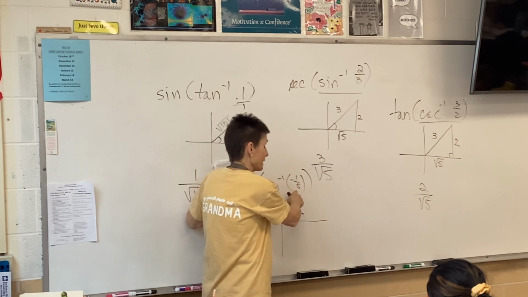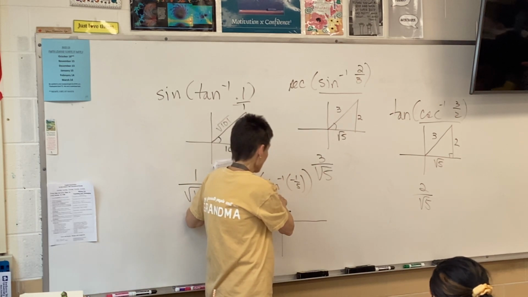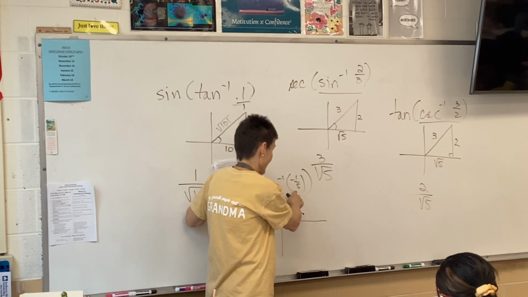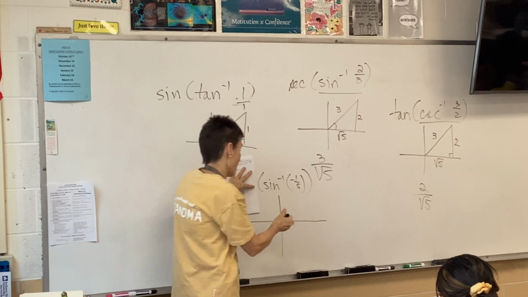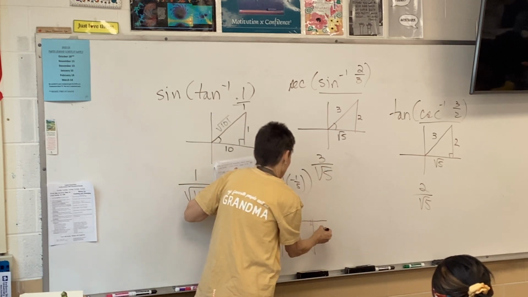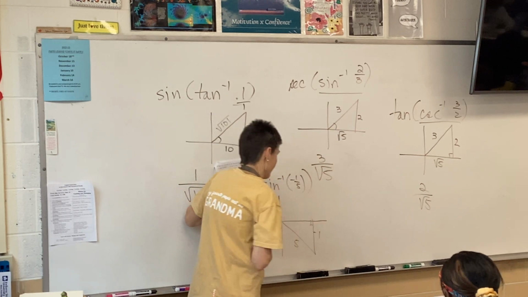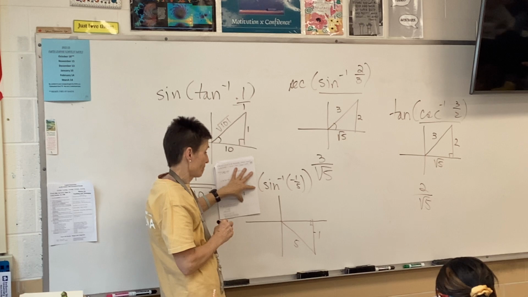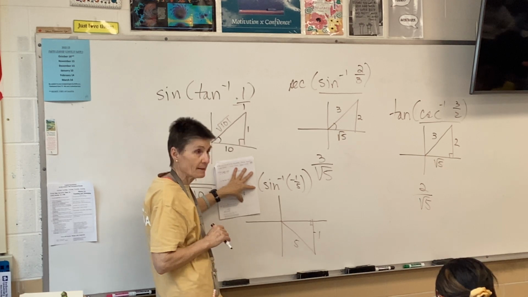Okay, that number's negative. What did I tell you about where you draw your picture if it's a sine problem and it's negative? 4. Find that missing side.